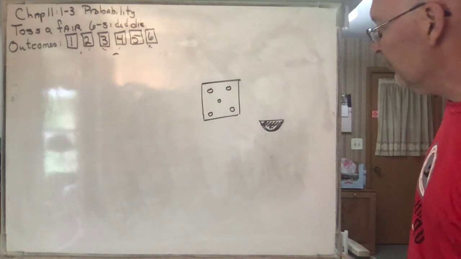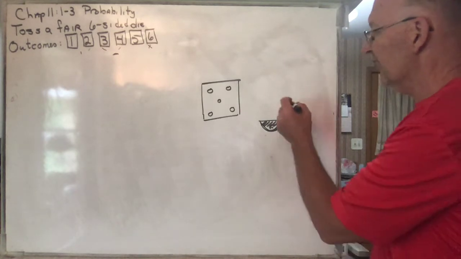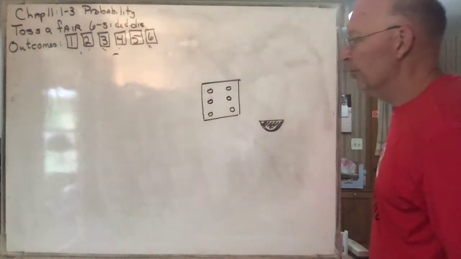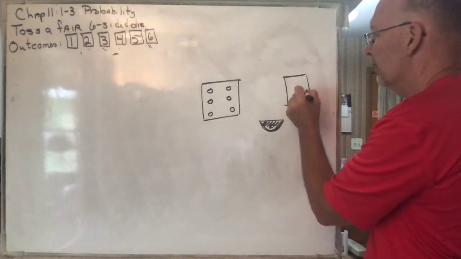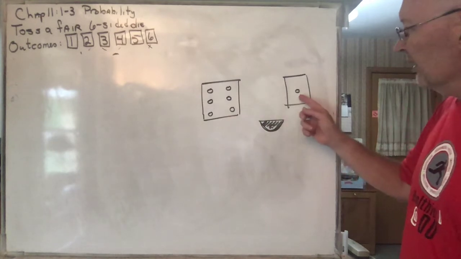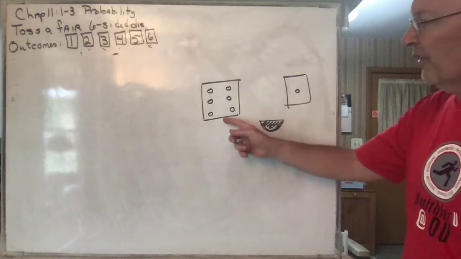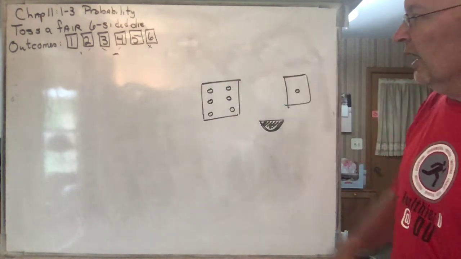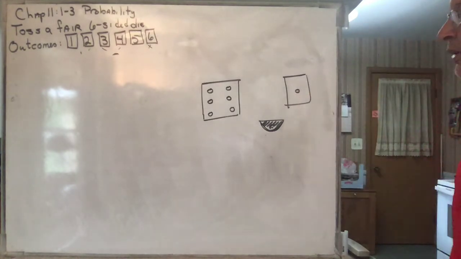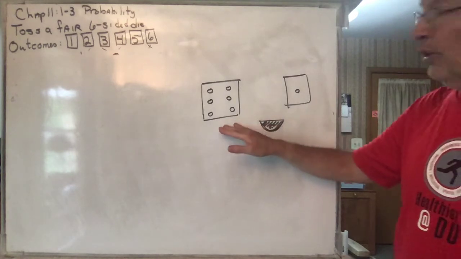Because if the sides didn't weigh exactly the same, if the side with 6 of them, say, is going to be lighter than the side opposite it with just 1, then it would be just a little more likely that this one would end up down and this one would end up showing up, right? Because the heavy side would slightly more likely go down. And a casino can't afford that, okay?